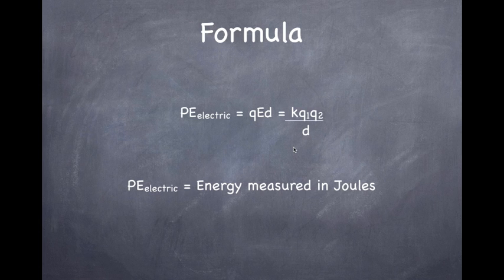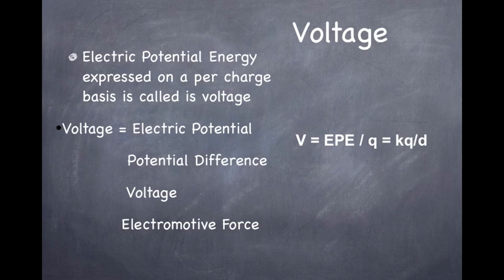Now, electric potential energy is useful sometimes, but more often we're interested in something called voltage. We will talk about voltage much more when we talk about electric circuits, but it's basically the electric potential energy expressed on a per charge basis. How much energy does one charge have when compared to another charge? That's what we call voltage. Voltage has a bunch of different names: electric potential, potential difference, voltage, electromotive force.